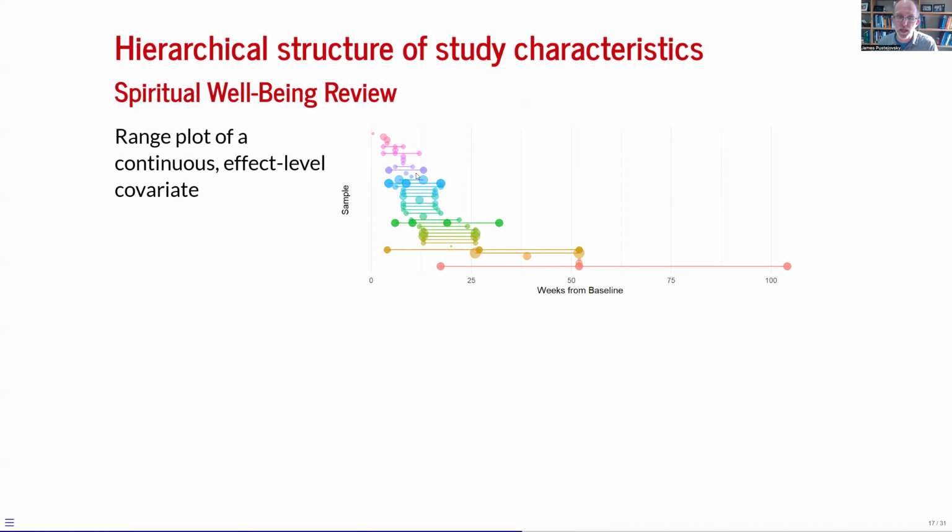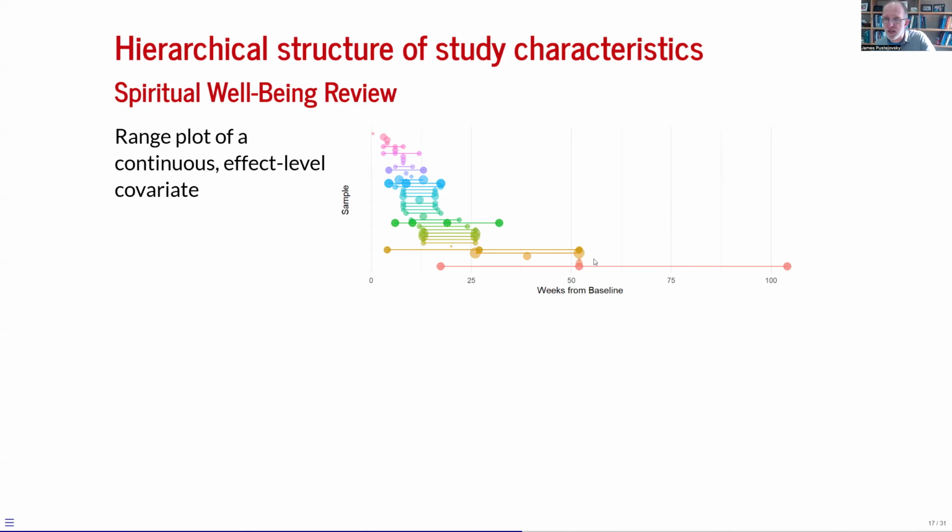So if we were interested in understanding variation in effects based on the duration of follow-up, or the weeks from baseline, we could use this within-study information, and maybe we would use it separately from the between-study information, because those give us different angles on the question. The within-study information is holding the other study characteristics constant, whereas if we're looking between studies, we've got to worry about other differences between the studies.